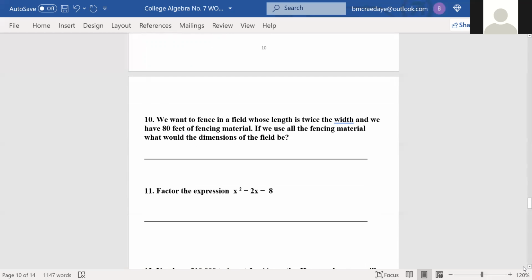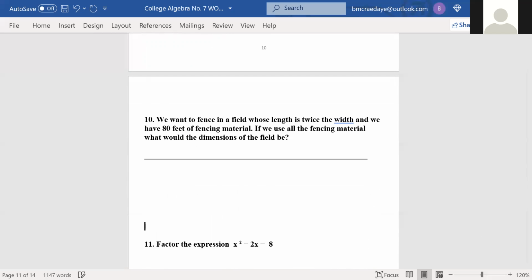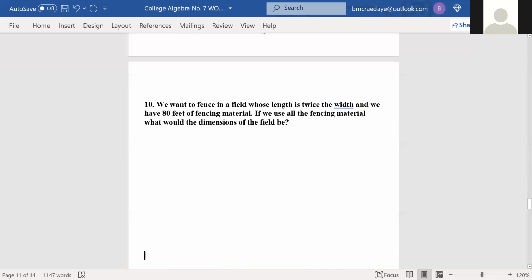Now, number 10, we want to fence in a field whose length is twice the width, and we have 80 feet of fencing material. If we use all the fencing material, what would be the dimensions of the field?